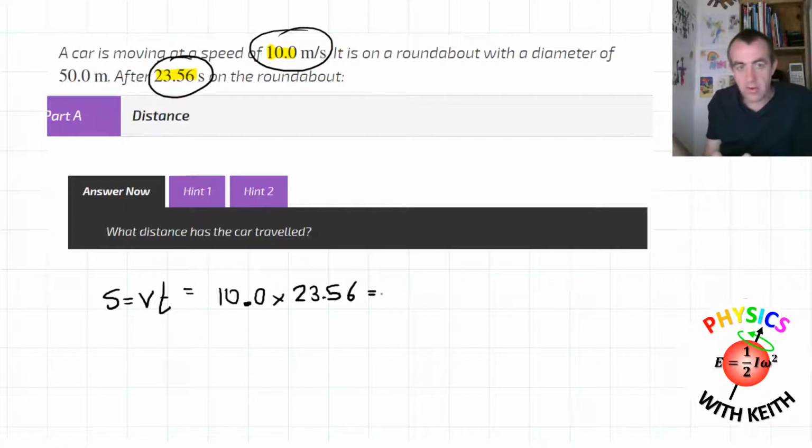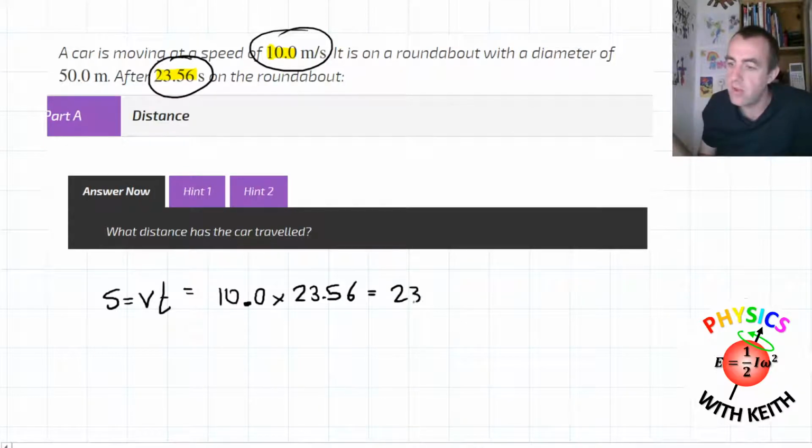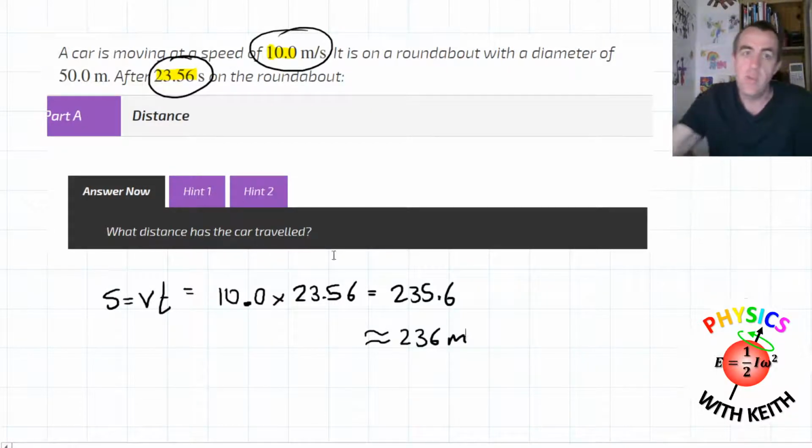So 10.0, 23.56, multiply them together, you get 235.6. That's to 4 significant figures, 235.6. We want to give our answer to 3 significant figures, so that will be approximately 236 meters. We're going to check the units.